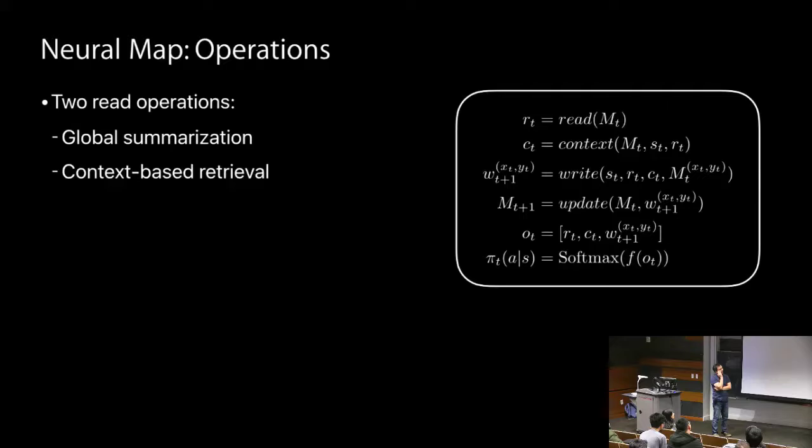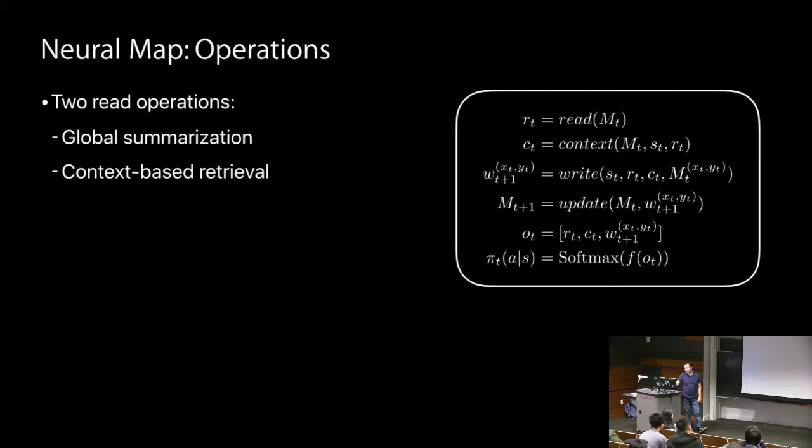The important operations are the read, then getting the context, writing, updating the states of the memory, and then producing the policy. Okay? All of these operations are differentiable, which basically means that if you're using actor-critic, or if you're using Q-learning, whatever the target is, you can backpropagate through these things.